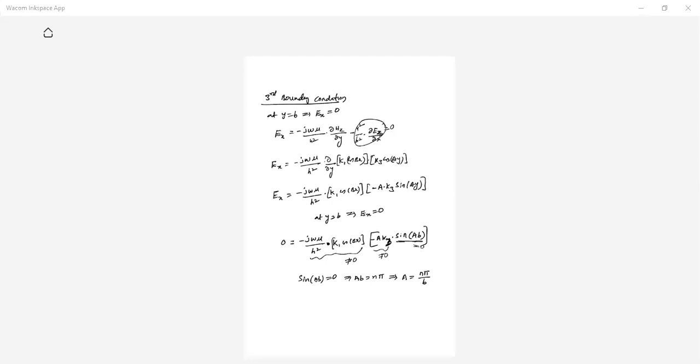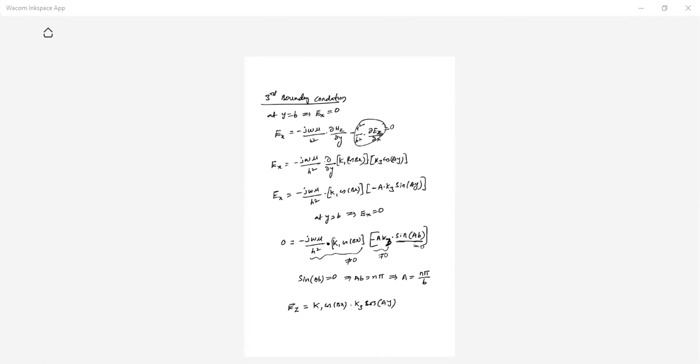So now our Ez is equal to k1 cos bx into k3 cos ay.